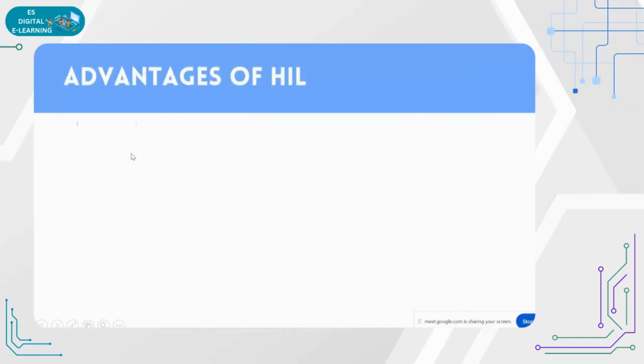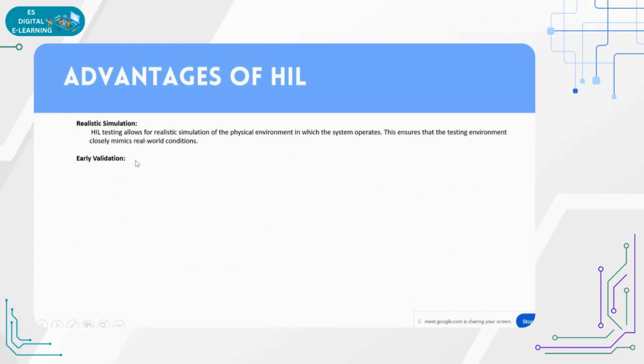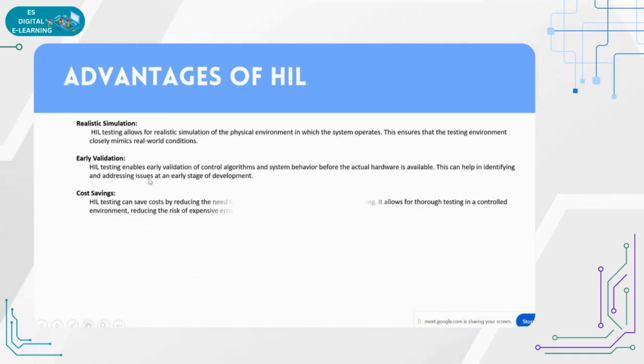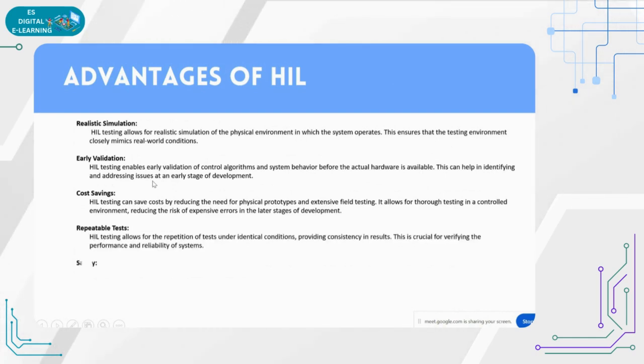So the advantages of HIL: it gives a realistic simulation, and we can do earlier validation before releasing to the market. Next, we can save cost, and we can repeatedly do the testing. Like if you need to open the airbag, once the airbag is fixed in the car you cannot repair it, so the entire setup needs repair.